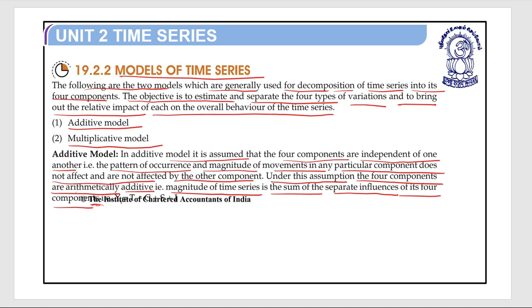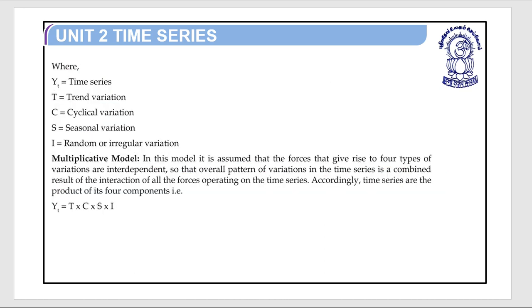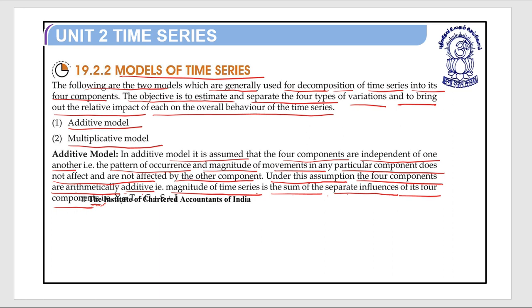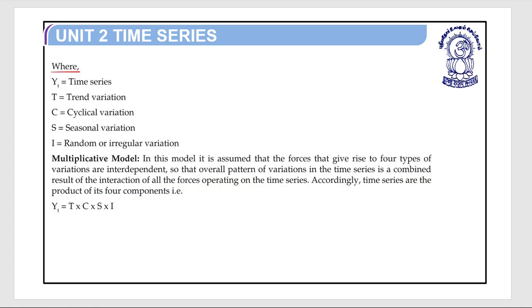The four components are arithmetically additive. Magnitude of time series is the sum of the separate influences of its four components. Here, Yt is equal to T plus C plus S plus I. Now, what is Yt?